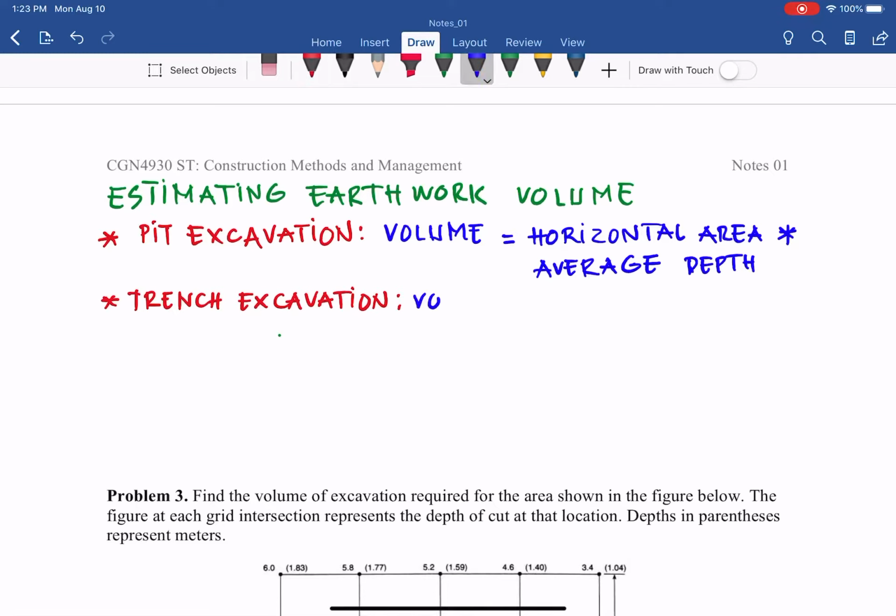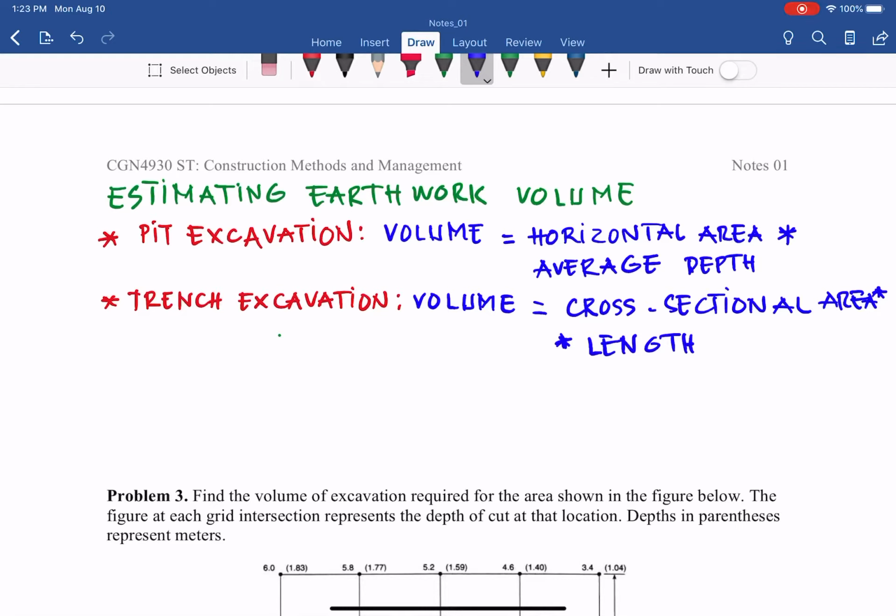Very simple. Volume will be cross-sectional area times the length of the trench.